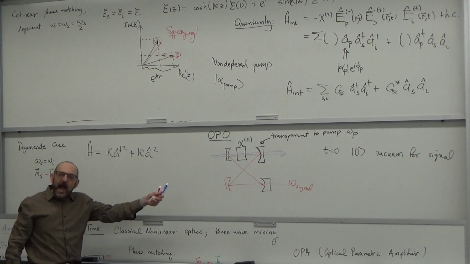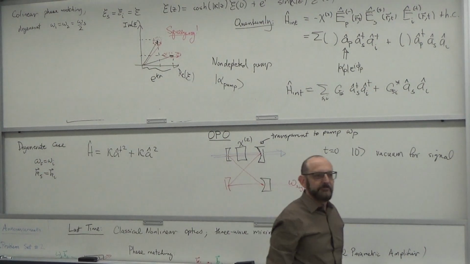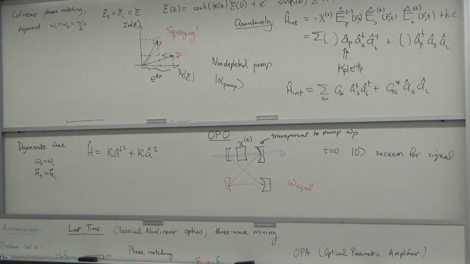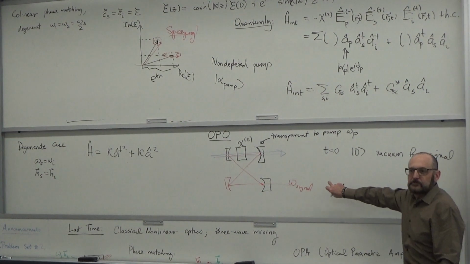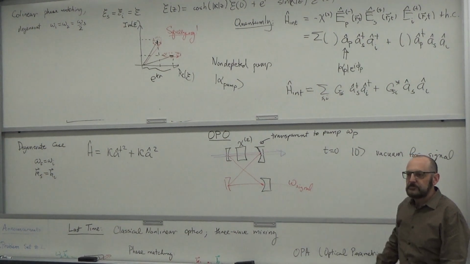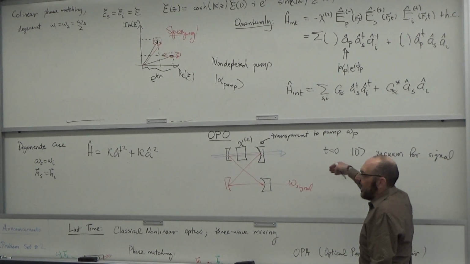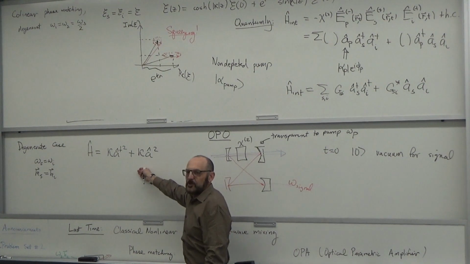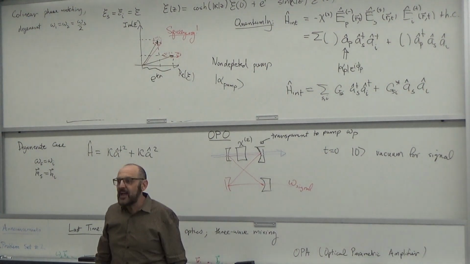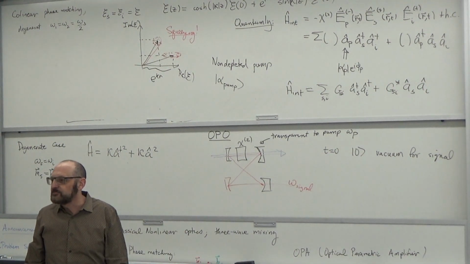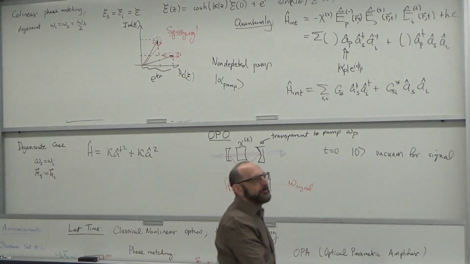And what will come out of this port, if I start with vacuum and it evolves according to this Hamiltonian? A squeezed vacuum. That's how you make squeezed vacuum. You have to pump, you have to have an OPO.